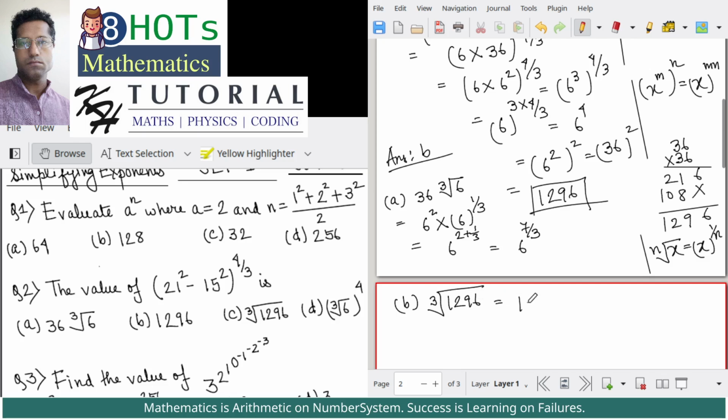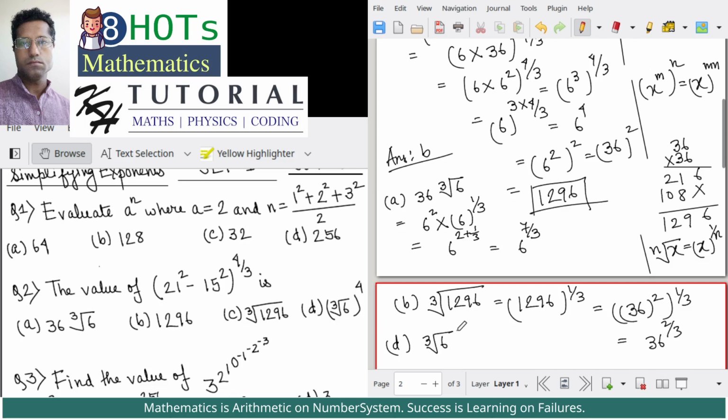This is nothing but 1296 whole raised to the power 1 by 3. Now 1296 we have already seen is 36 square, so this is 36 square whole raised to the power 1 by 3, which is 36 to the power 2 by 3.